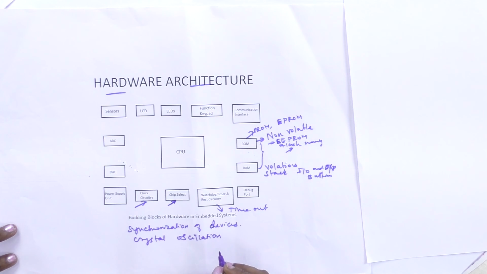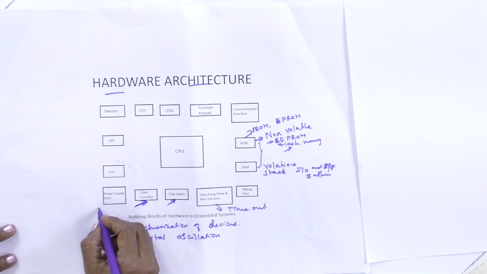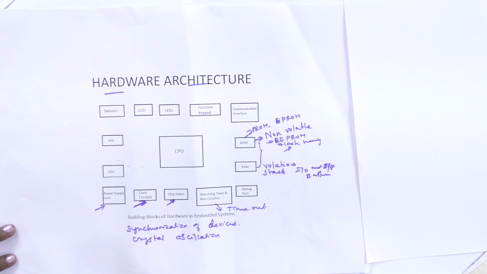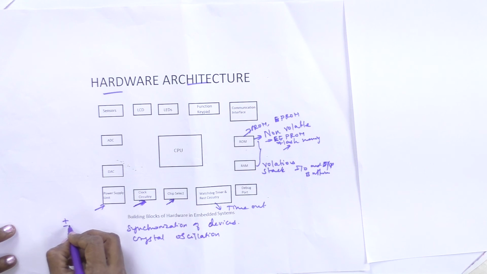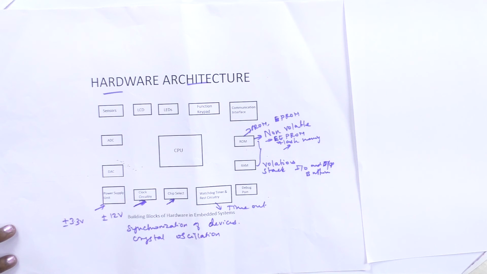The higher the clock frequency, the higher the speed of the system. The power supply unit is necessary for the power supply, which ranges from plus or minus 3.3 volts to plus or minus 12 volts.